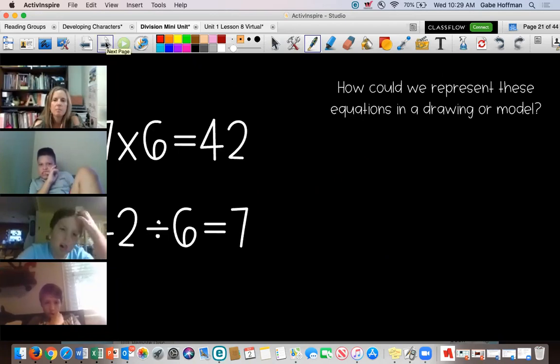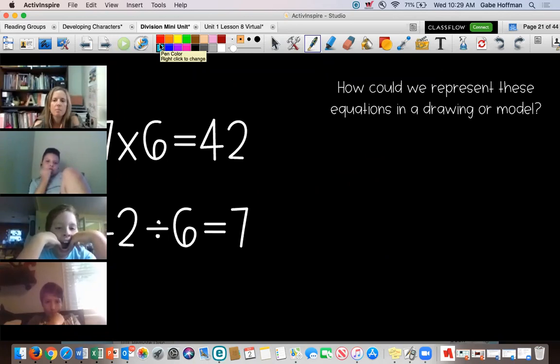Okay, how can we represent these equations in a drawing or model? So kind of maybe think about that chart and what we've done before. Looking at 7 times 6, I'm going to make 7 circles.